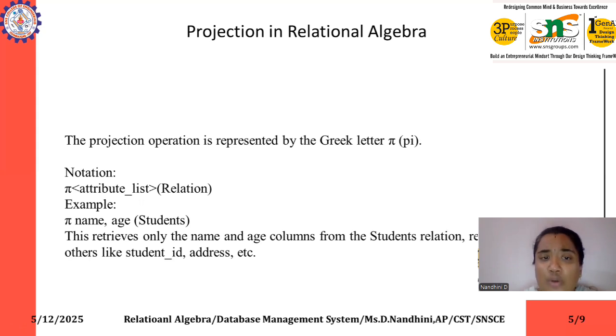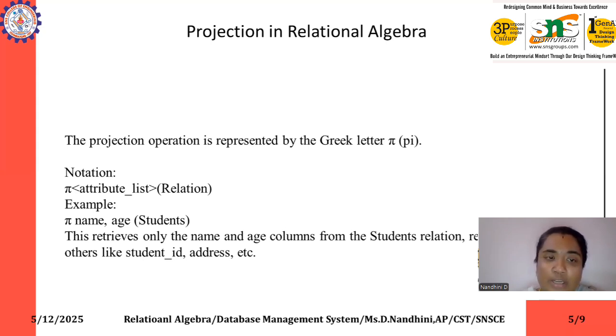Next is the projection operation, represented by the Greek letter pi. The notation consists of pi, attribute list, relation. Projection exists in linear algebra, where it means projecting a vector onto a subspace. Projection operators in quantum mechanics are used in physics, and sometimes projection is used for PowerPoint slides.